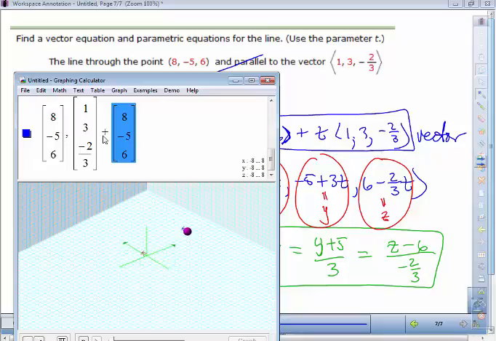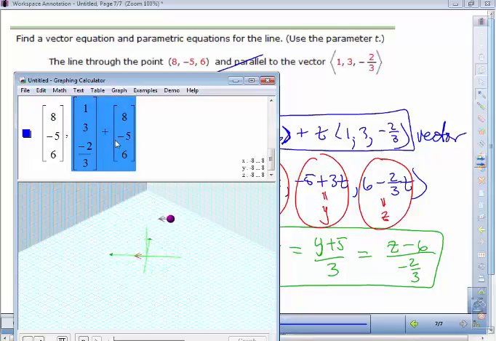So now I have that vector. Now if I put those lines together in vector or parametric form, we should see the line passing through that point going in the same direction as that vector.